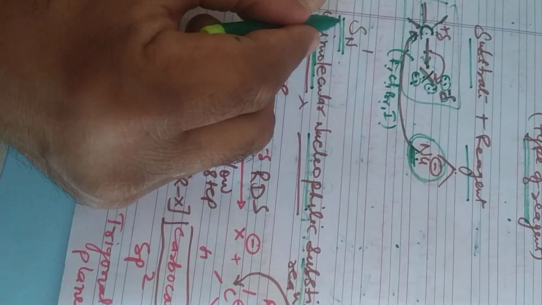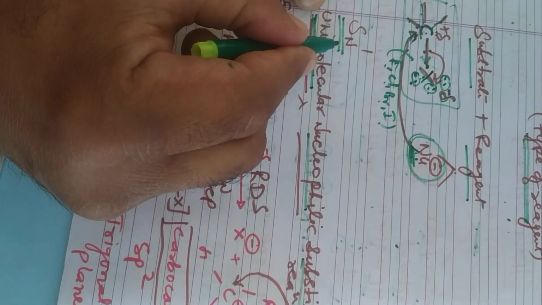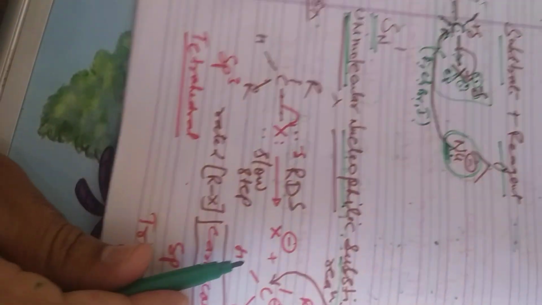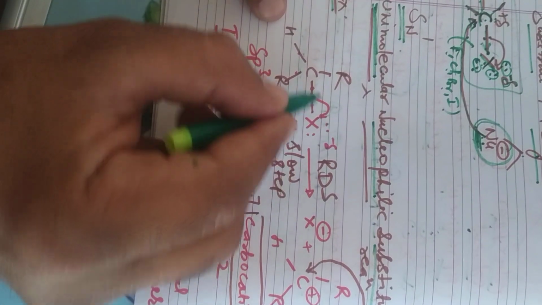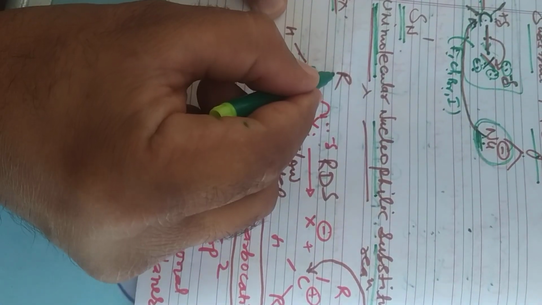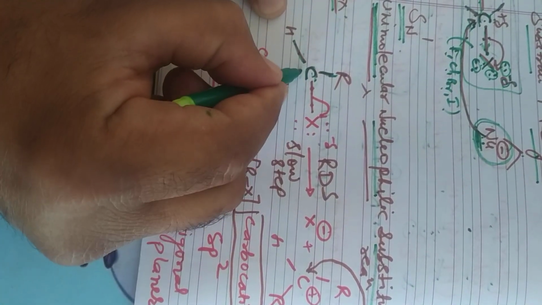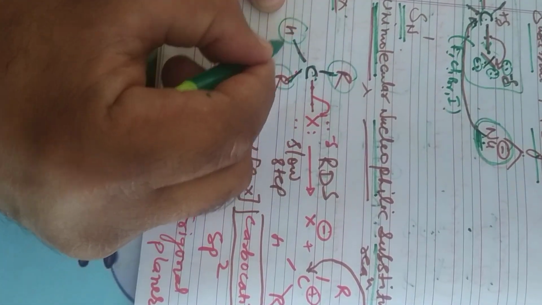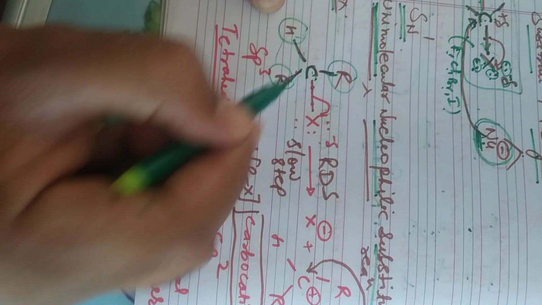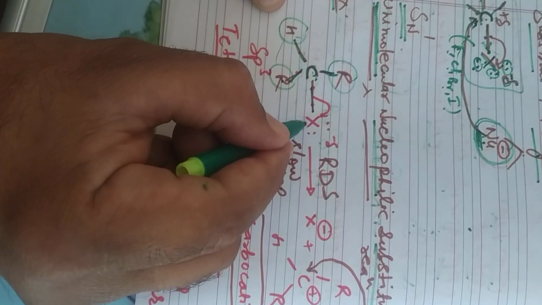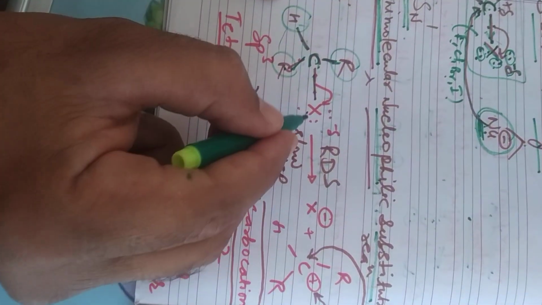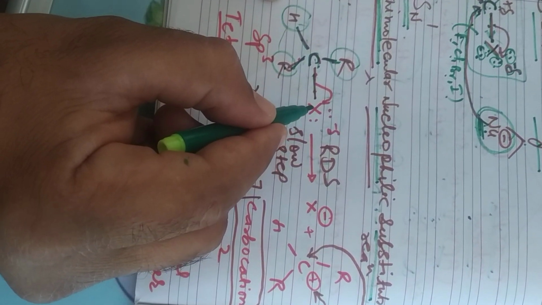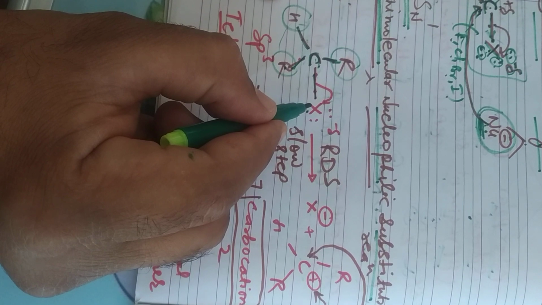Now we are taking the SN1 reaction, unimolecular nucleophilic substitution. Unimolecular means here only one molecule is responsible for the rate of reaction. Suppose we take the example, here one carbon is bonded with four groups, R, H, R, which may be the same or different, and one halogen atom. This type of reaction takes place by a weak nucleophile.